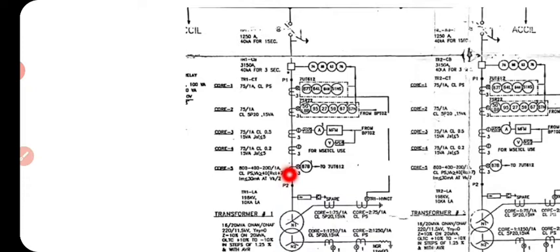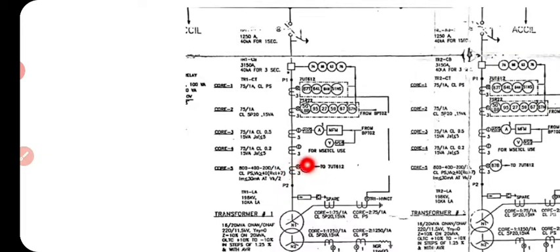And you have a rough idea that a CT has various cores. So this current transformer has 5 cores, and every core is fed to various protection schemes such as 87, 50, 95 and 87B.